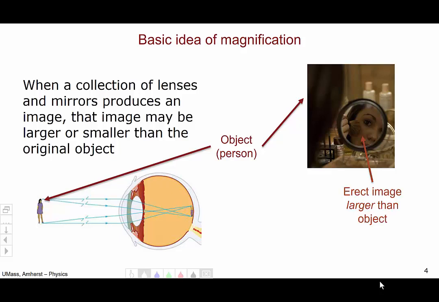However, in the makeup mirror, we get an erect image. The image is right side up, which is larger than the object. That's the whole point of these particular types of mirrors, so that makes things bigger so you can see what you're doing. On the flip side, the image on your retina is much smaller than your object. I mean, a person is about 1.5 meters tall, and a 1.5 meter image clearly won't fit on the back of your eye.